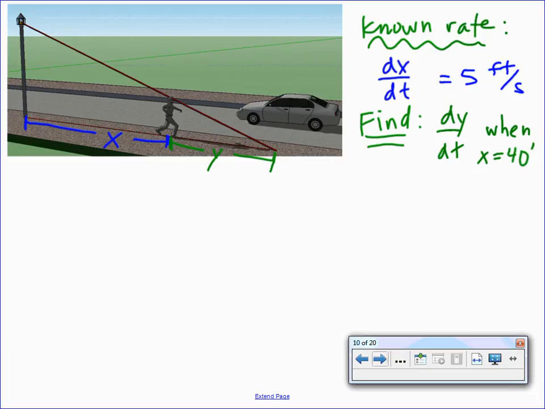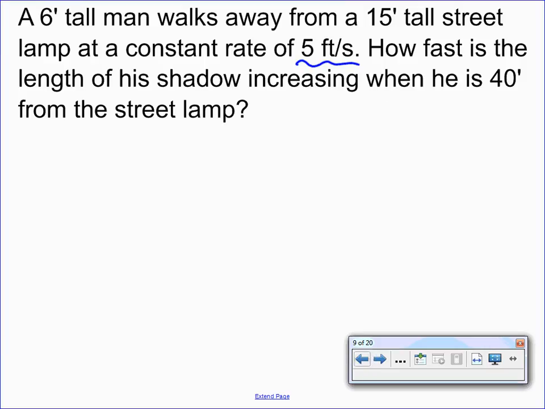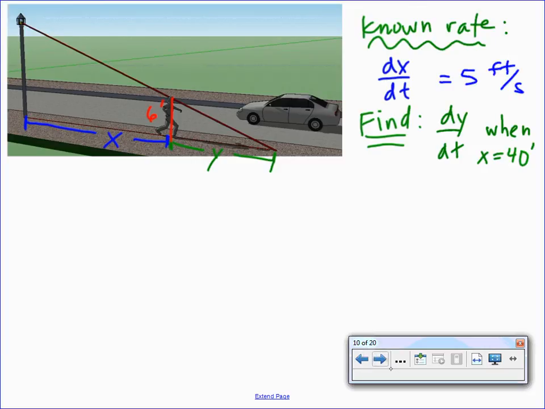No, so we can label that with a number. That's good news. And is there anything else we can label in our picture? The lamp post is 15 feet. Is that changing throughout the course of our problem? No. Did you say 15 feet? Mm-hmm. Awesome. We've got enough.